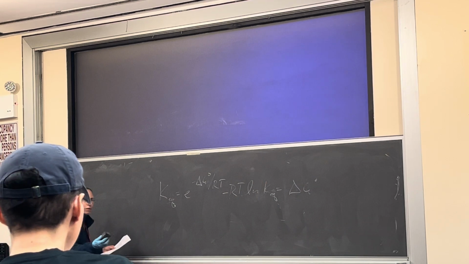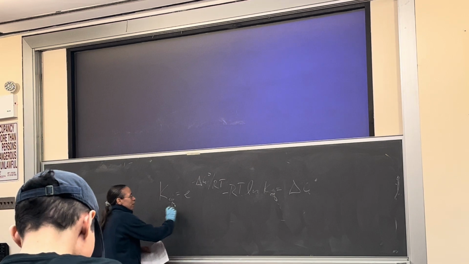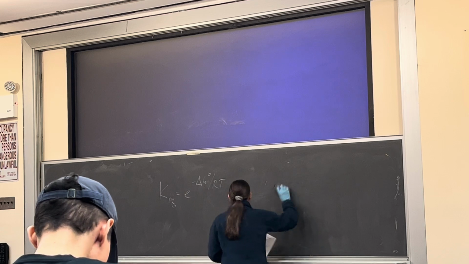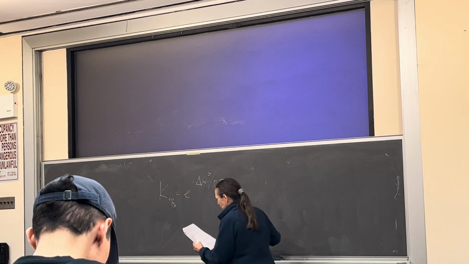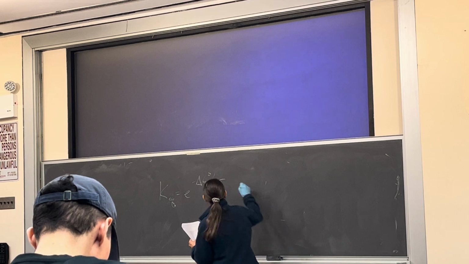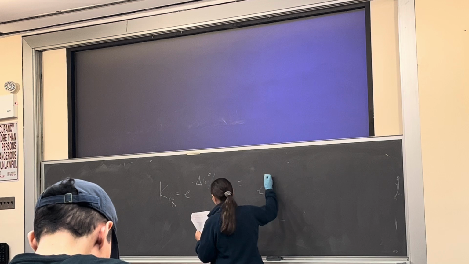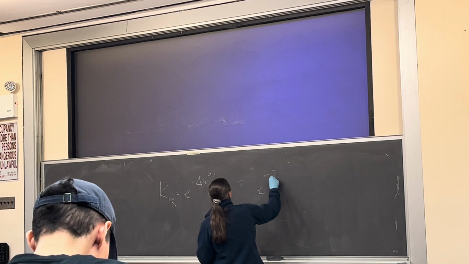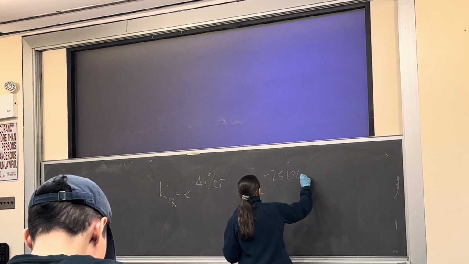So those are both the same equation, right? Algebra. So the equilibrium constant, if you throw in all the numbers, this is e to the negative 7.5 kilojoules per mole.